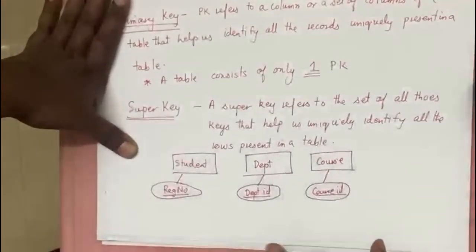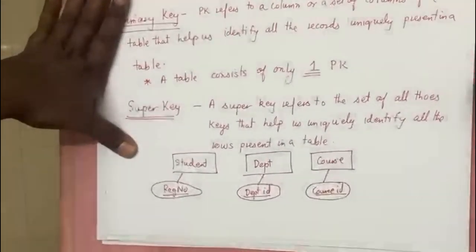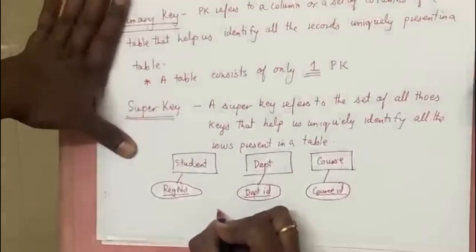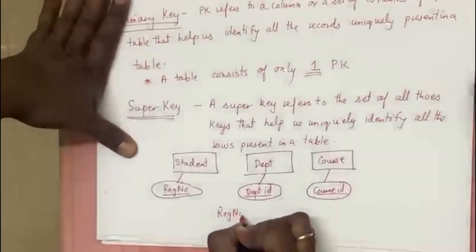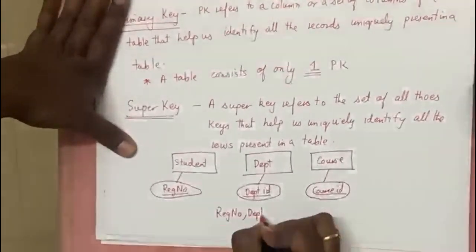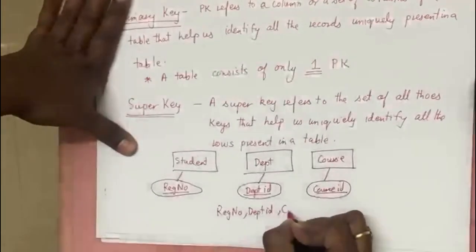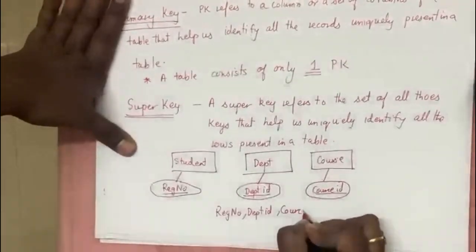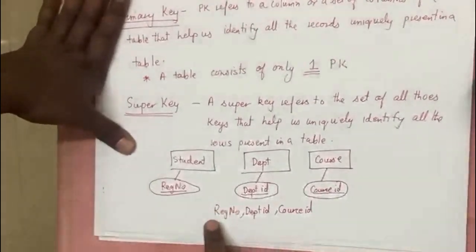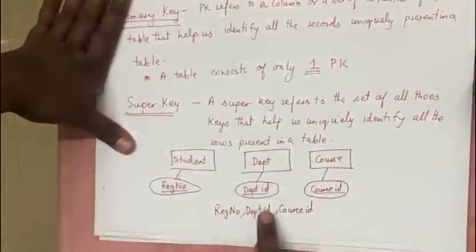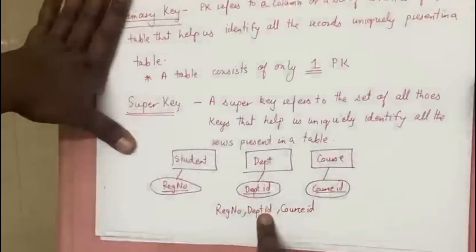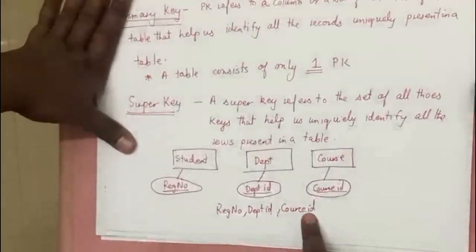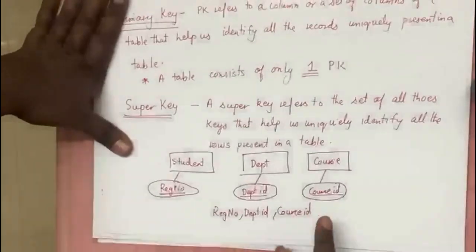When I want to uniquely identify a student based on all these parameters, I can combine all these entities together in a table of a student, because a student who is studying in any college will have a register number, the department ID to know which department that student belongs to, and the course that particular student is studying to know which course they are a part of.